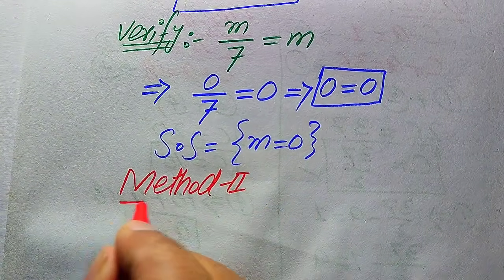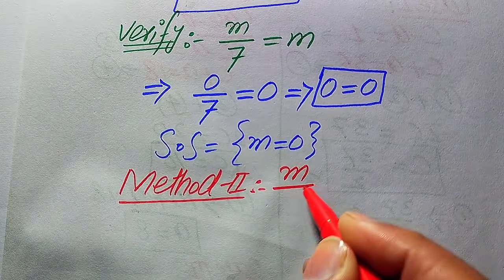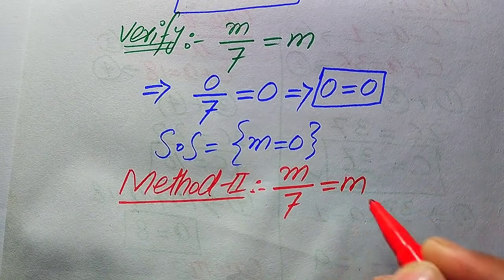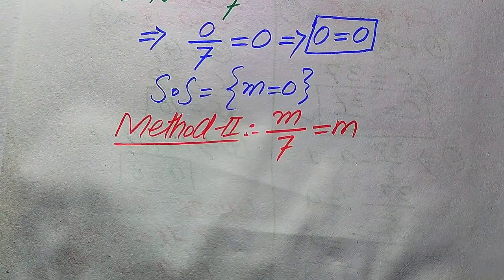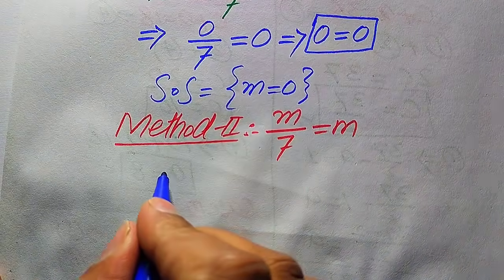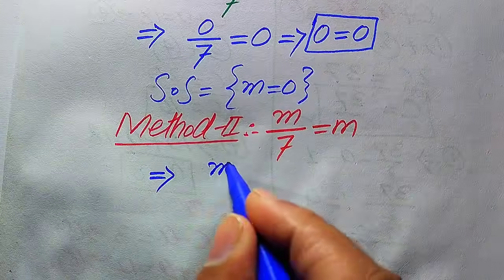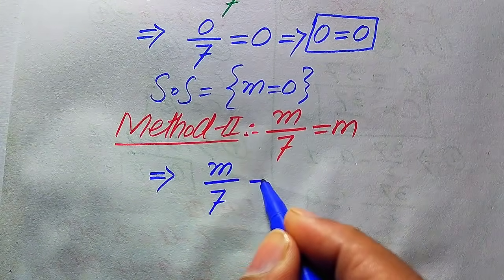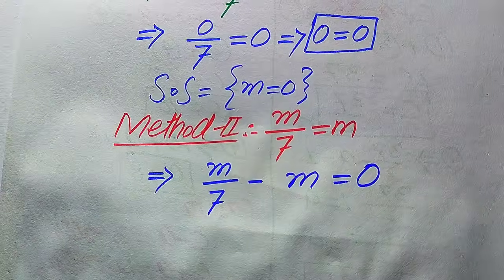For the second method, we need to copy down the given question statement. Here it is m divided by 7 is equal to m. This is our given question statement, and in the second method we use the LCM technique to solve this problem. For this, we move this m from the right hand side to the left hand side, and it will be written as minus m is equal to 0.